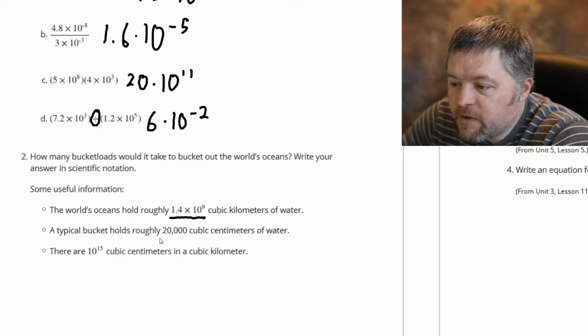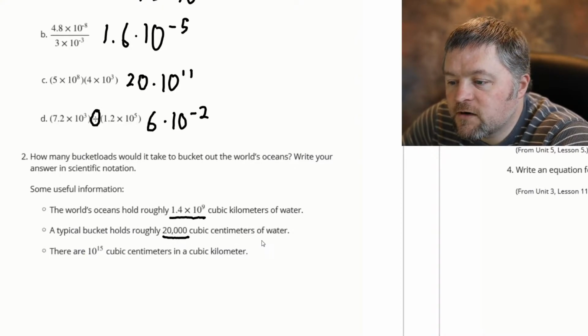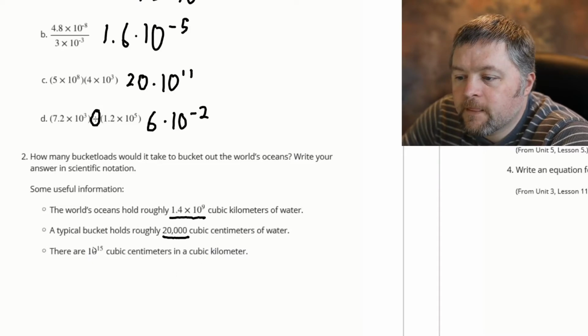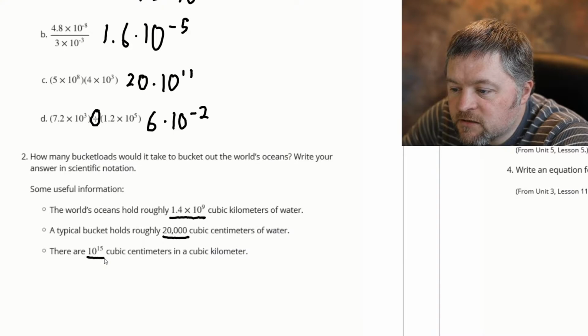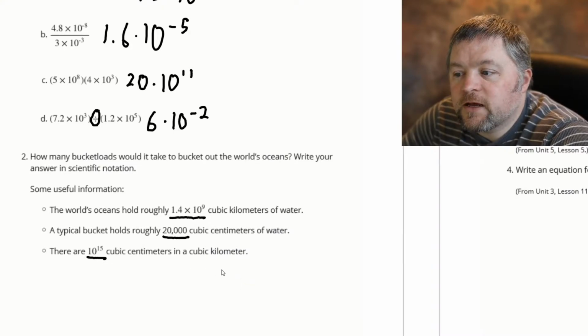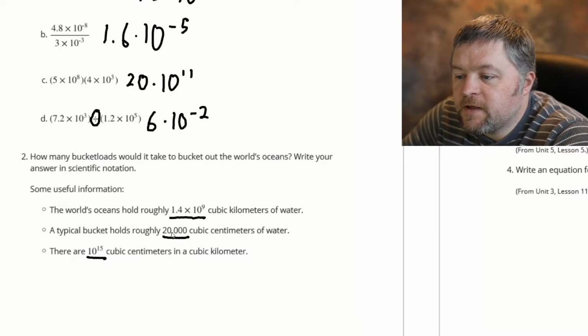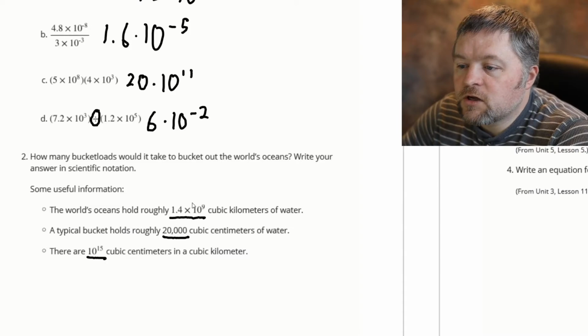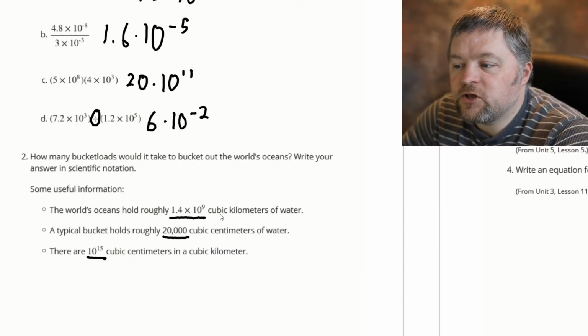A typical bucket holds roughly 20,000 cubic centimeters of water. There are 10 to the power of 15 cubic centimeters in a cubic kilometer, which means we are going to want to convert one of these so that they are the same unit.